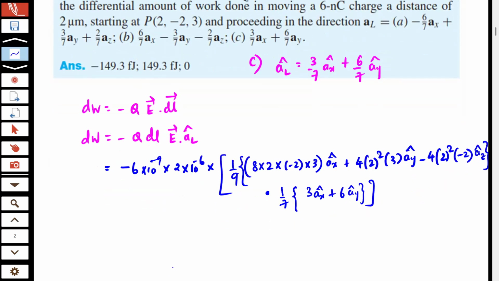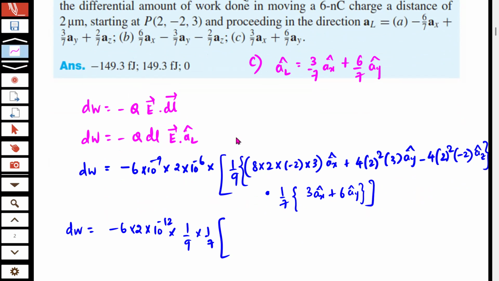So let us proceed further to find what is dW. Minus 6 into 2 into 10 power minus 15 I'll be writing. Then 1 by 9 and 1 by 7 I'm taking common. Multiplying this, x component and x component should be multiplied. Y component and y component should be multiplied.